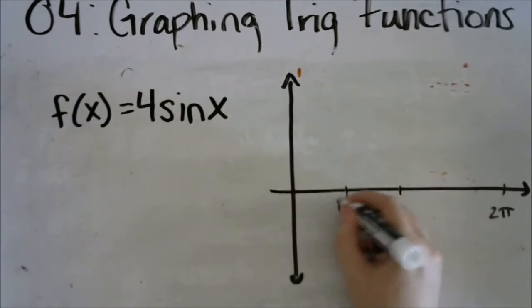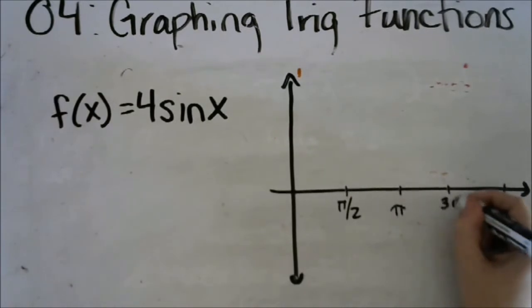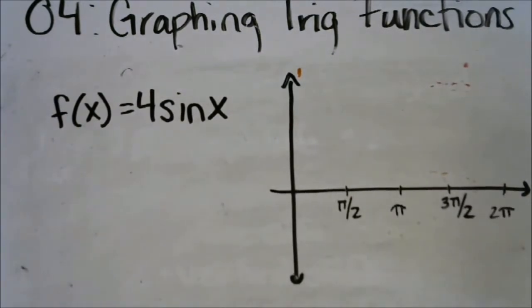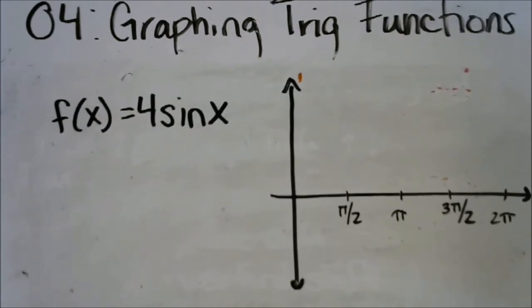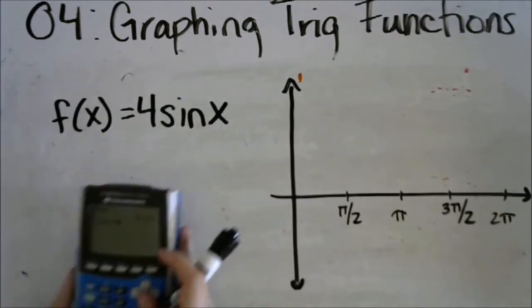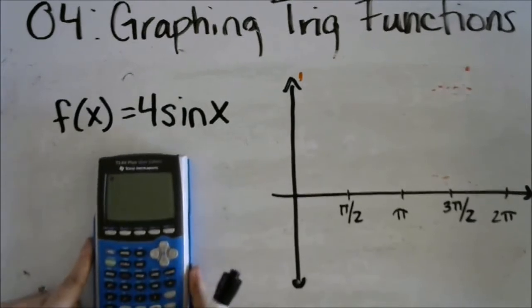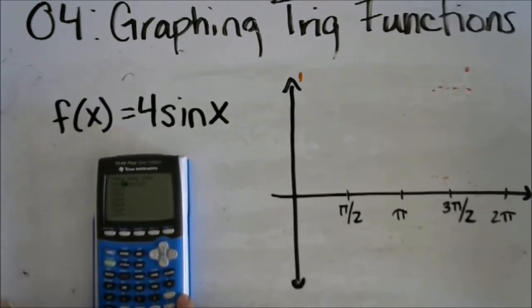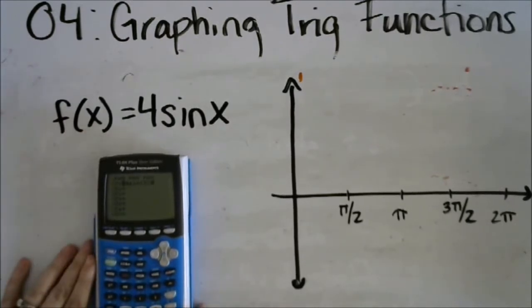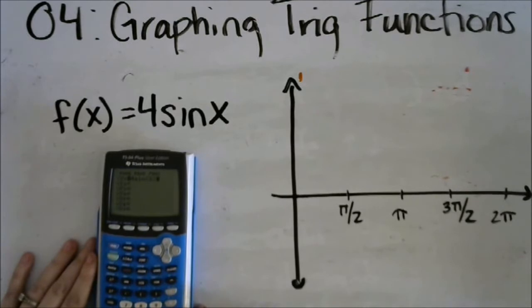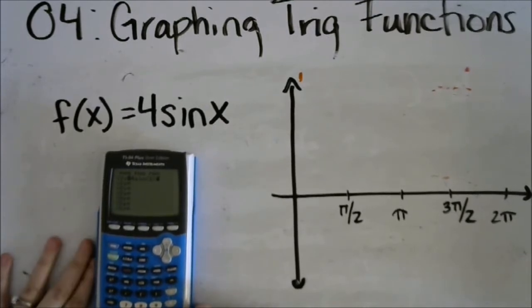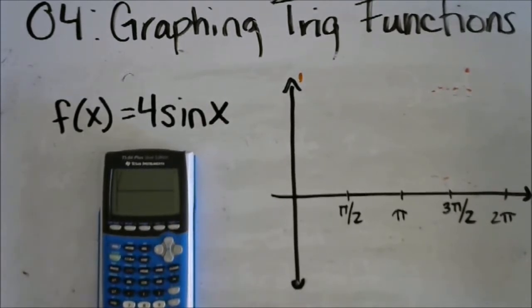Since we have calculators as tools, it should be expected that we use our calculator regularly in order to see what the graph looks like. Using my same settings from before, if I simply change this to say 4 sine of x, what's going to be different about this graph than the original sine graph that we graphed before? Let's take a look.